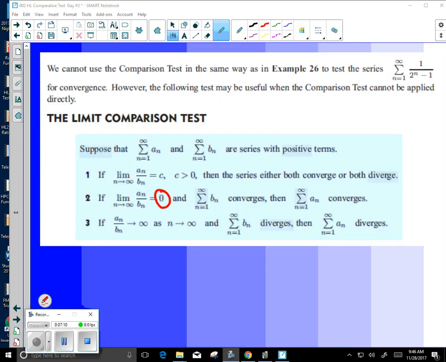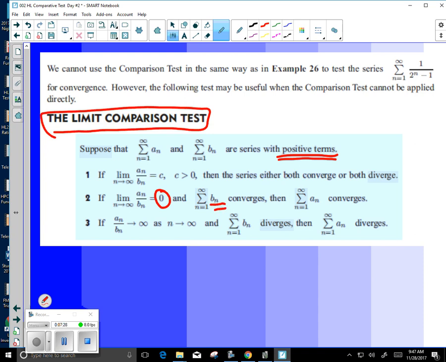Here's just a quick little added thing with the limit comparison test. We talked about having the two series with positive terms. You've got to mention that. And then if you get c greater than 0, what if you get 0? Well, if you do get 0 for a limit and the one you know converges, the other one will converge.